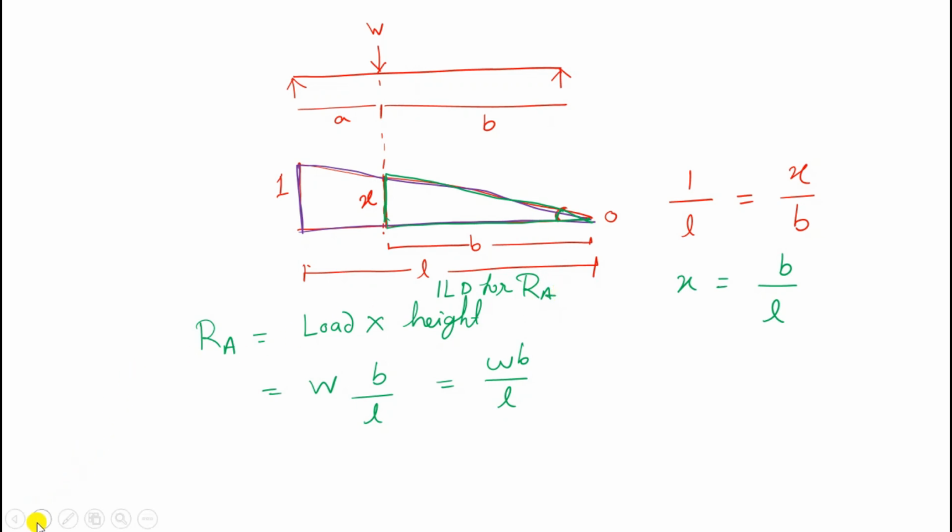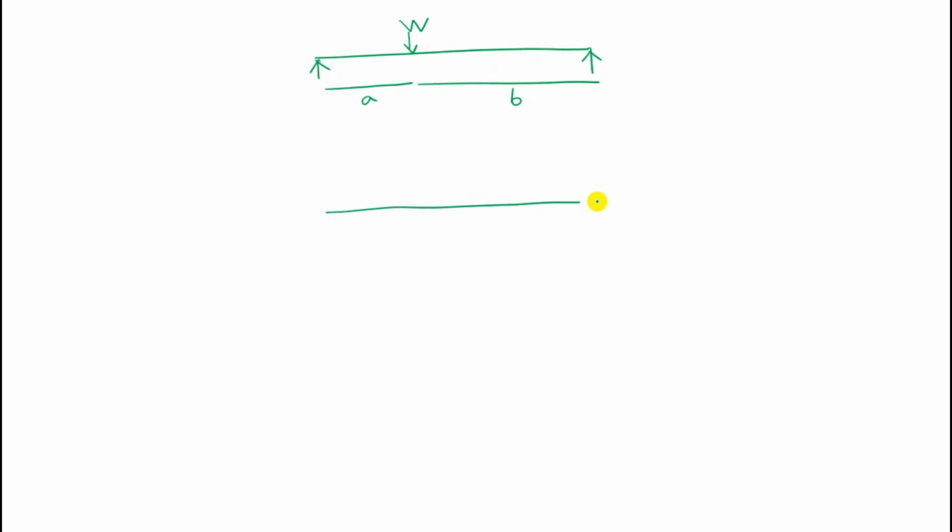Now for the same case, if you want to know the influence line diagram for RB, the reaction B, you can draw it using the method that I have already shown you, and you can find the diagram will be like this.